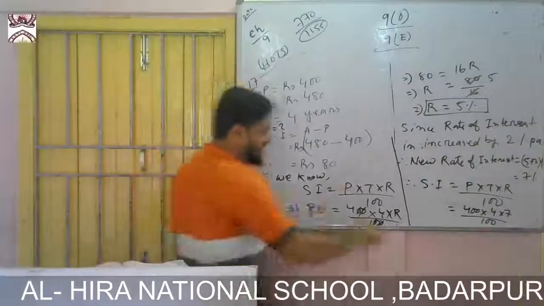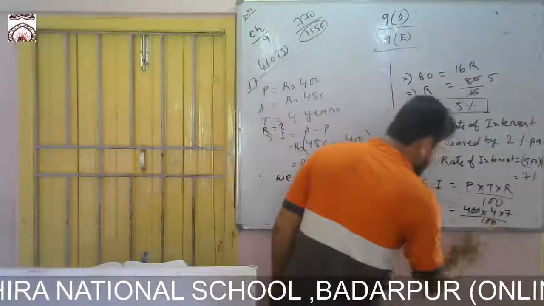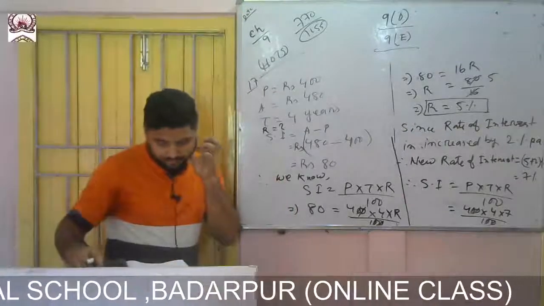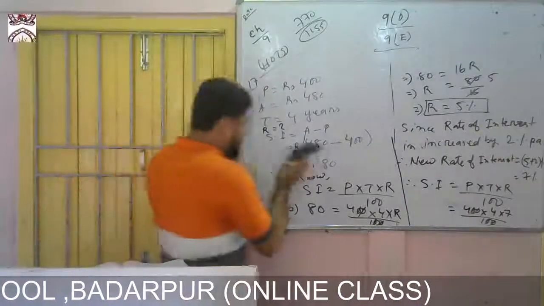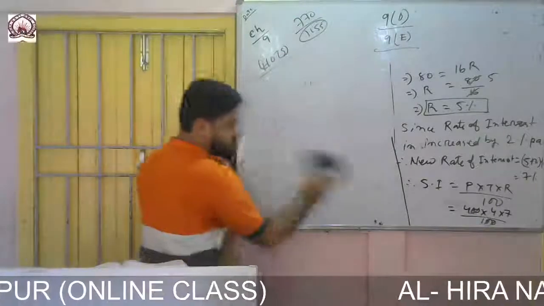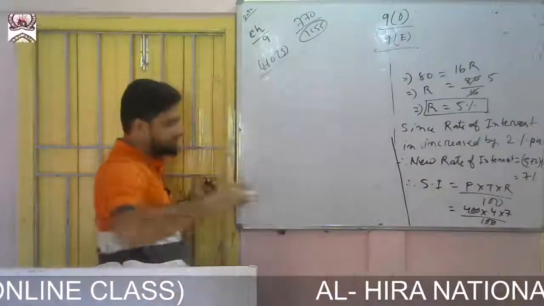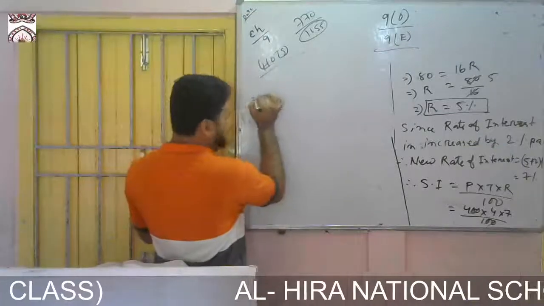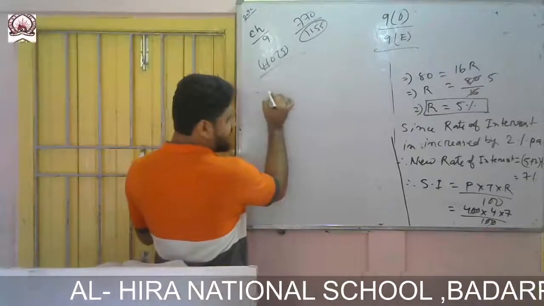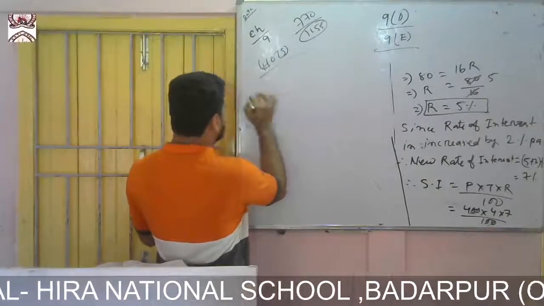Now you can cancel the zeros very easily. So 4 4s are 16.